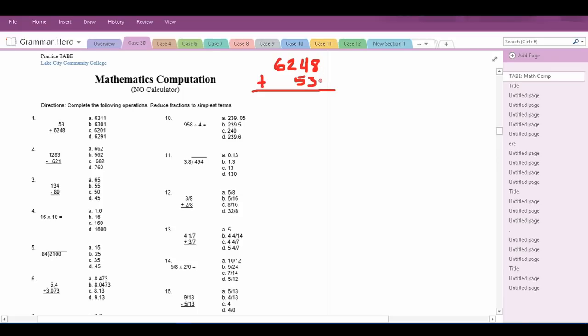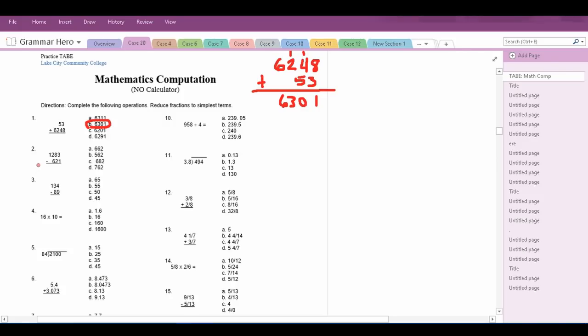So 8 plus 3, 8, 9, 10, 11. We bring a 1 up here since there's a 1 carrying over. 4 plus 5 is 9. Add 1, that becomes 10. We have a 1 that carries over. 2 plus 1 is 3. And we add nothing to the 6. So 6,301.